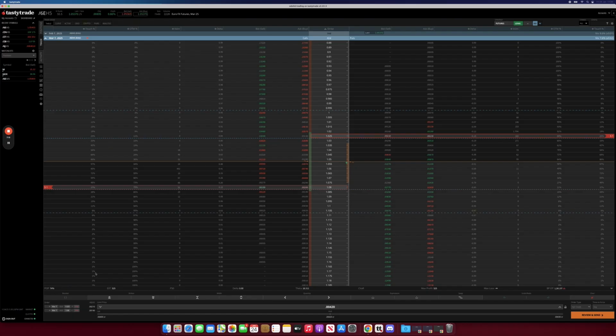Now, what if we don't want to wait all the way to the expiration? What if we want to get out early, at say 50% of max profit? Well, we have P50 here. It's not displayed for futures. However, your P50 is typically going to be between 10 and 15% higher than your POP. So we are looking at probabilities of success of between 74 and 90%. Okay, so very, very high probabilities of success.